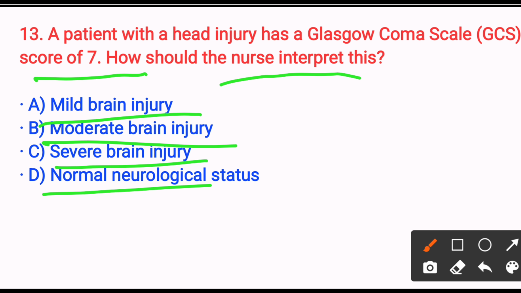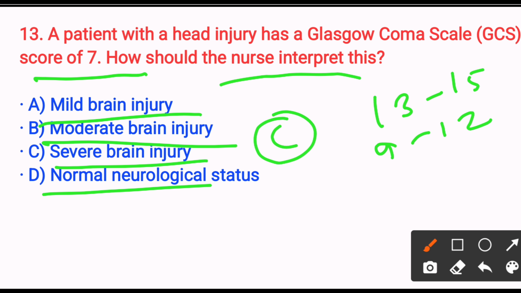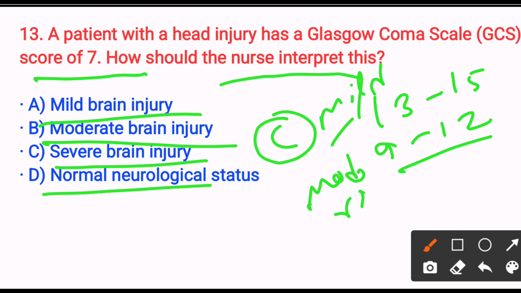The answer is option C, severe brain injury, because normal GCS is 13 to 15, mild is 13 to 15, moderate is 9 to 12 and severe is 3 to 8.